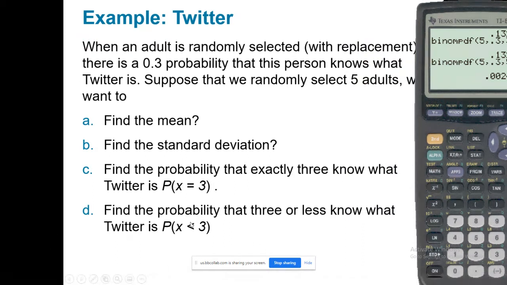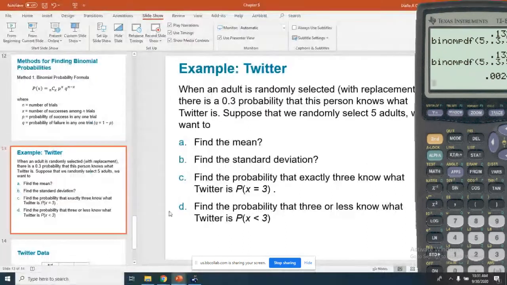And I'm going to admit there's a mistake on this slide. If you write this out, 3 or less should actually be x is less than or equal to 3. And for some strange reason, I couldn't find that less than or equal to symbol. So what is the probability that 3 or less know what Twitter is?